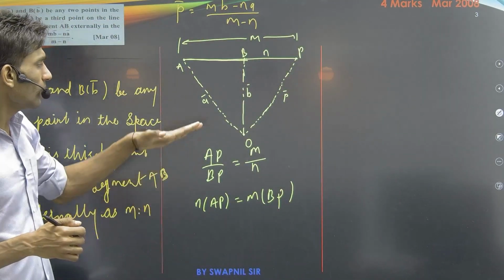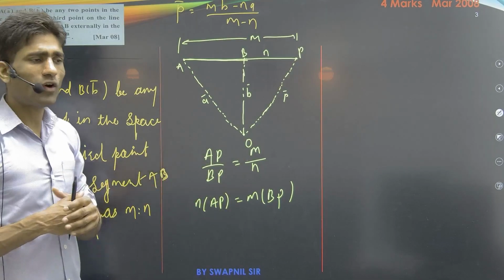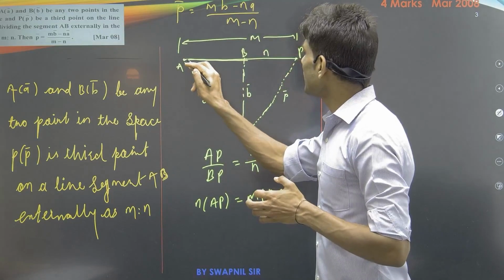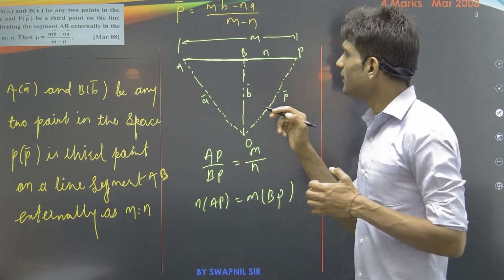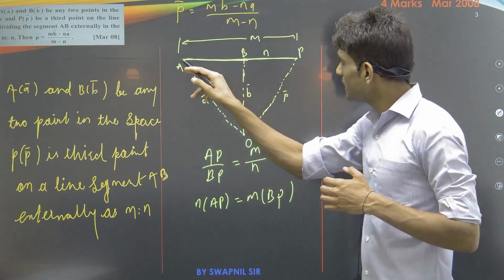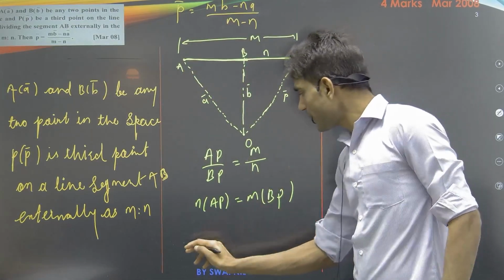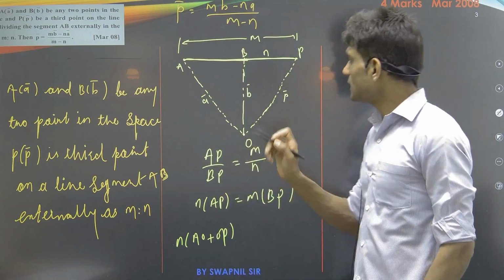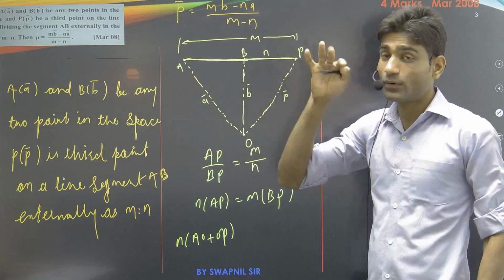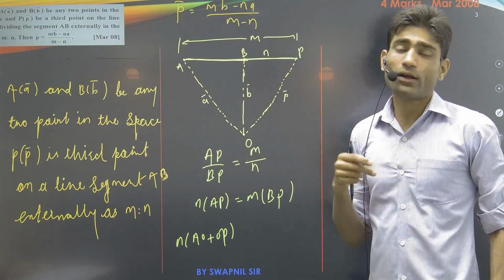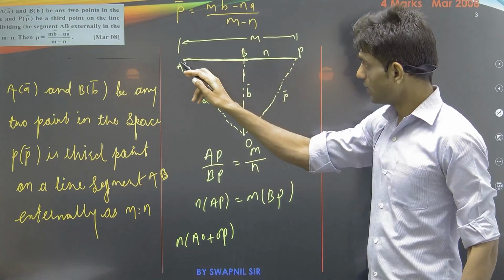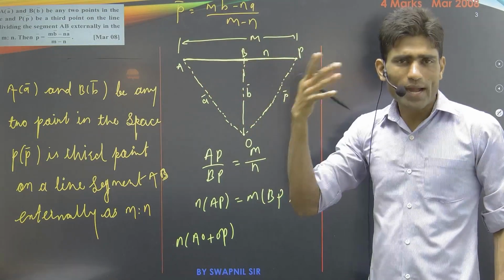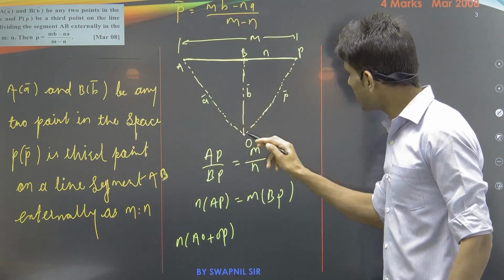Now see, apply the triangle law for vector addition on our side AP. AP is the entire base of our triangle here, so AP can be written as AO plus OP. The triangle law for vector addition says that if you go in this direction from A to P, then you have to add the remaining two sides in exactly the same direction.